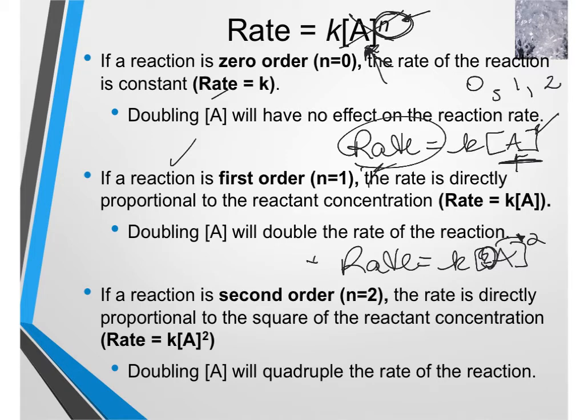So that means the rate would increase by a factor of 4 if you doubled the concentration. What happens if we tripled the concentration of A and it was second order? Well, what's 3 squared? That would be a 9 times faster rate. So that means that the reactant A is extremely important to the rate of the reaction. The higher the order gets, the more important that is to the rate.